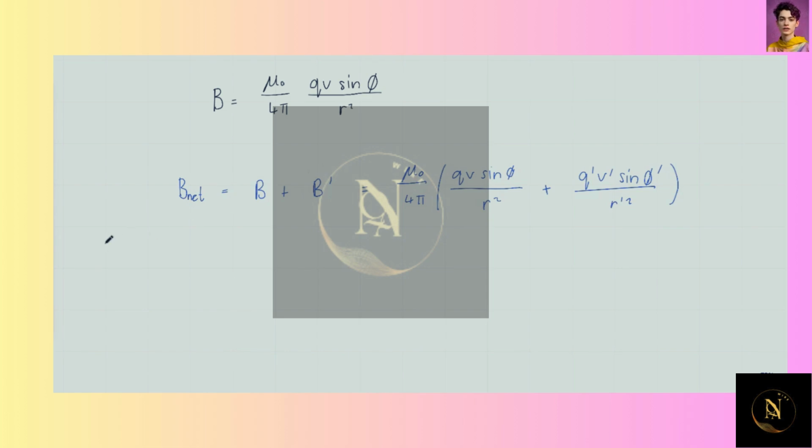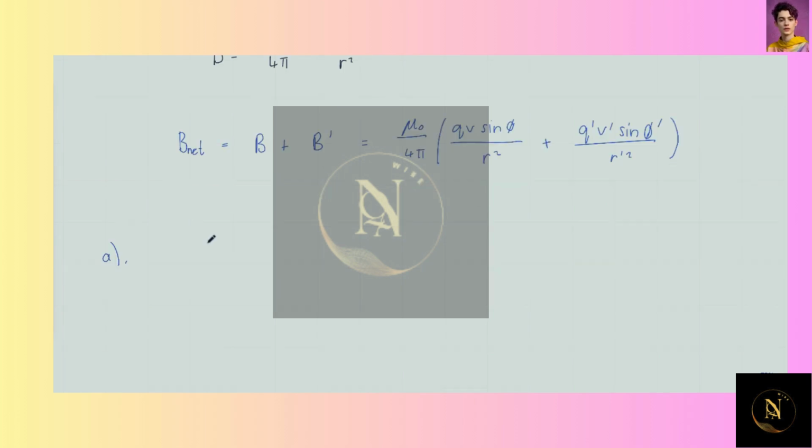Now, if we substitute numbers into this expression, we can find the magnitude of the net magnetic field. So this magnetic field magnitude is mu naught over 4 pi.